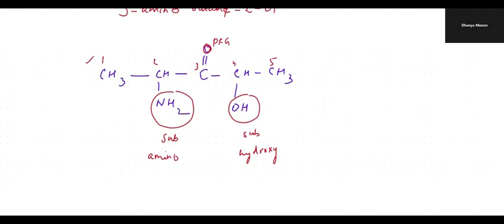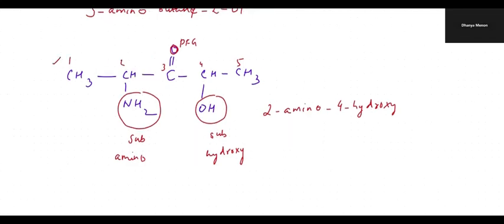So here at the second position, I have amino. At the fourth position, I have hydroxy. Both the substituents are of equal importance, and in this case, we do the numbering according to alphabetical order.